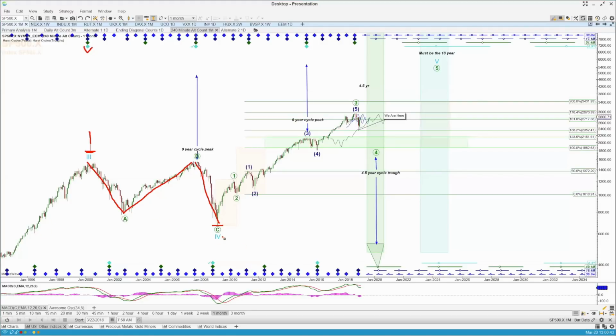What I can tell you is that this wave 4, which took in total from 2000 to 2009, so 9 years to unfold, was 1 degree higher than the one we are experiencing at the moment.